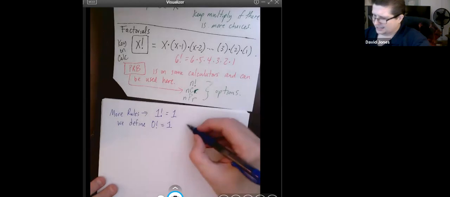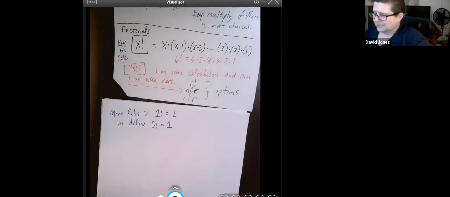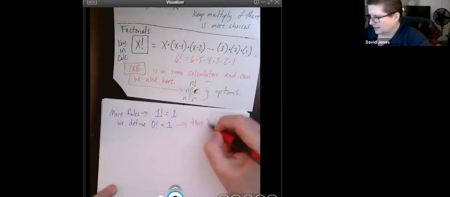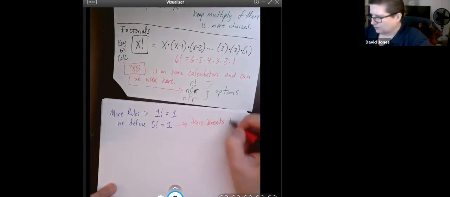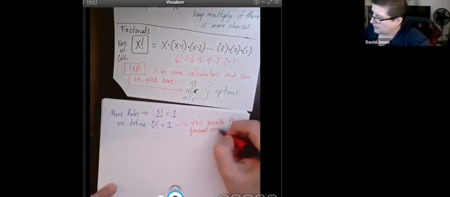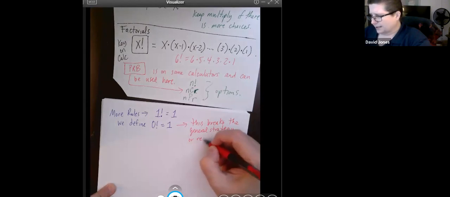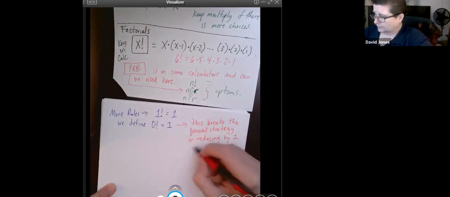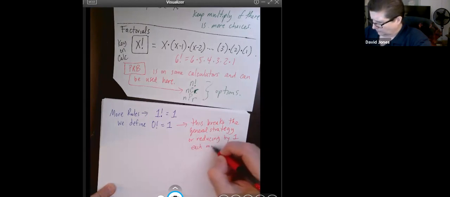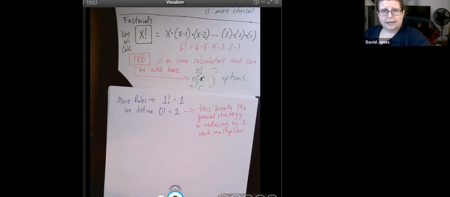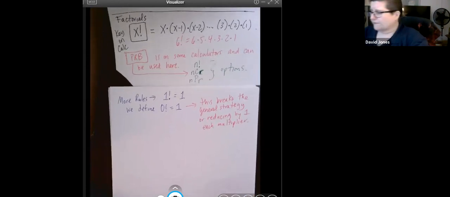And it's defined that way, and this breaks the general strategy of reducing by a number each multiplier. Okay, those are the rules of factorials.